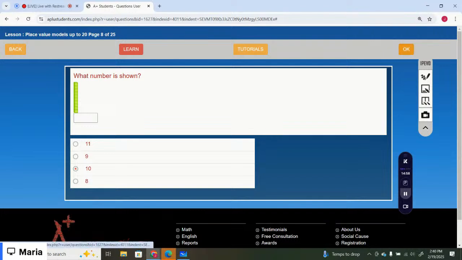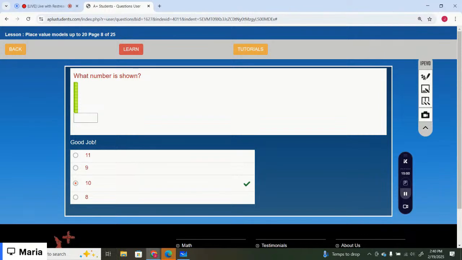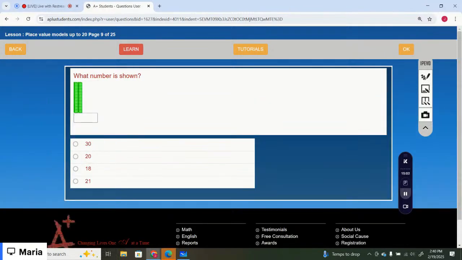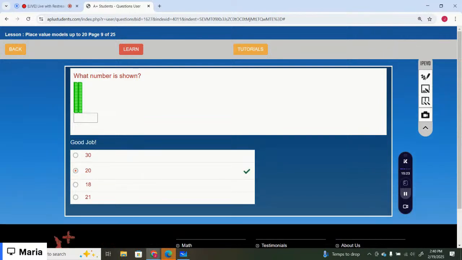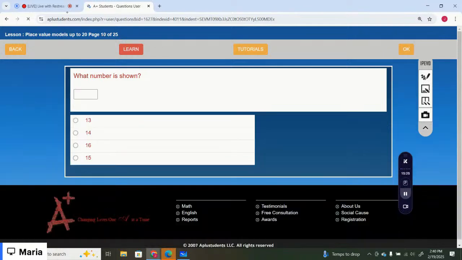That is 10, option number 3 is the correct option. That is 2 tens, 20, option number 2 is the correct option.